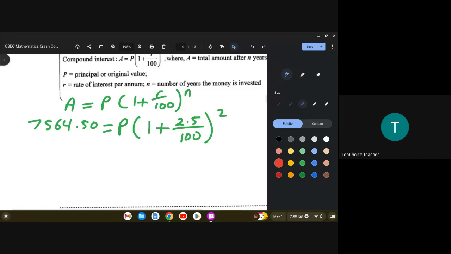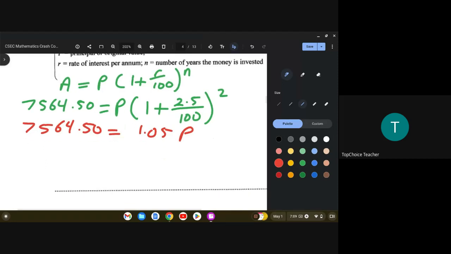If you work this out properly, you should get something looking like 1.05. You all got something like that. Who did this? Yes, sir. 1.05. So now watch how much easier the equation looks. 7564.50 is equal to 1.05 P. Isn't that looking a lot lighter already? So how do we find P?